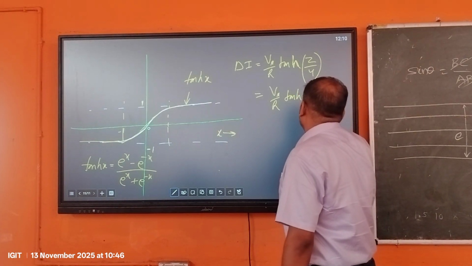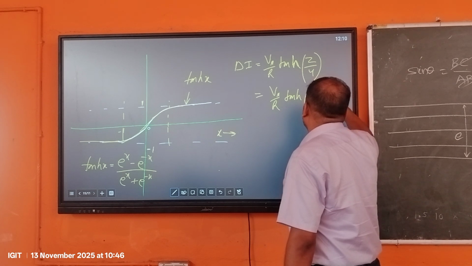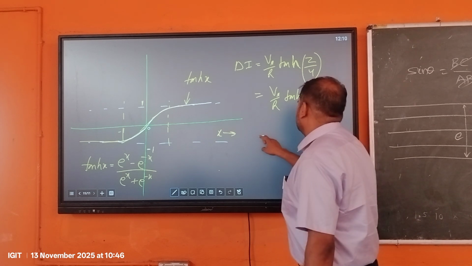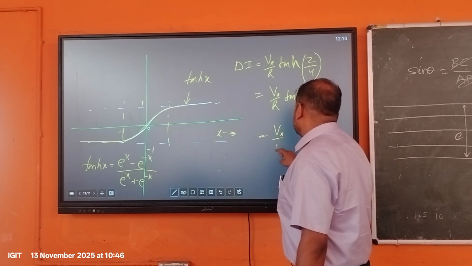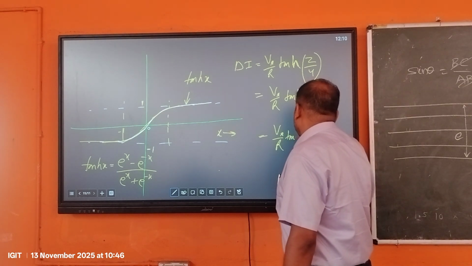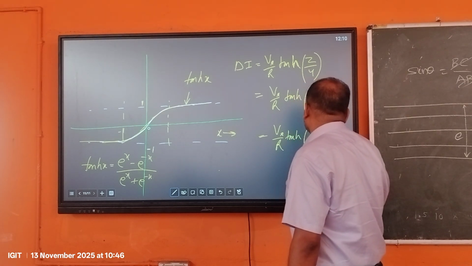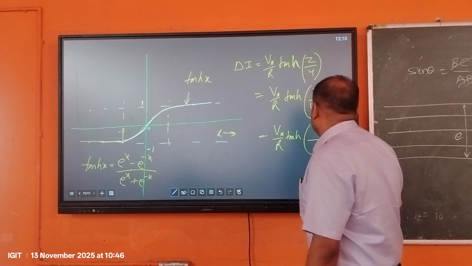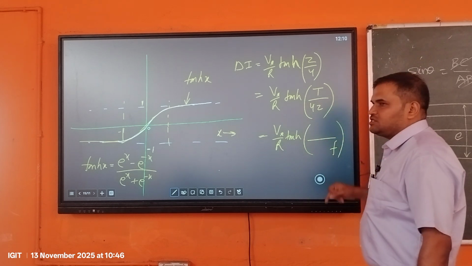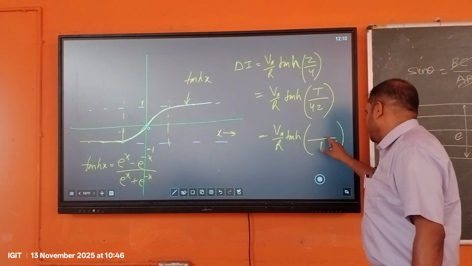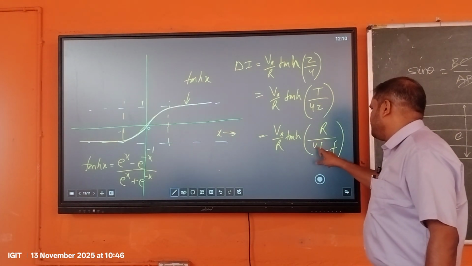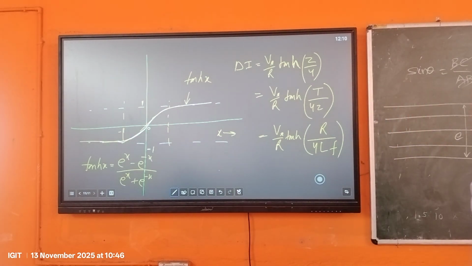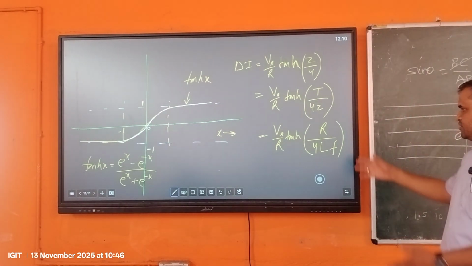So T by 4 tau. Correct? So I can write this as tanh. What is the T? T is nothing but the time period, related to the frequency. What is tau? L by R. So L by R and divide by 4. So finally we get an equation like this.